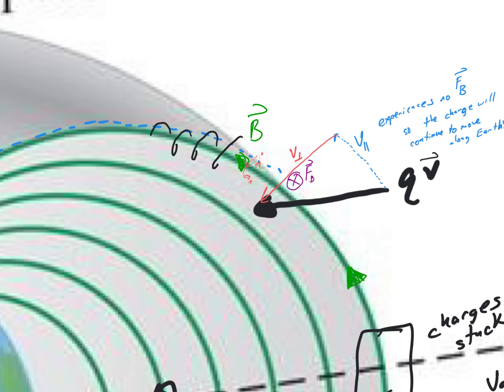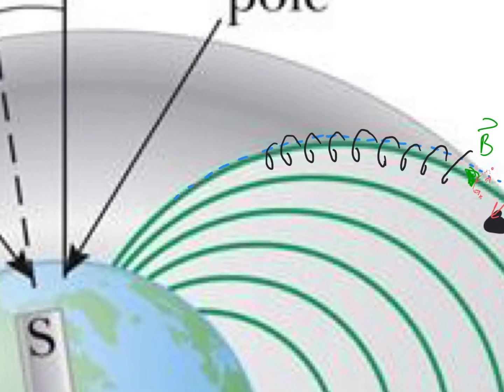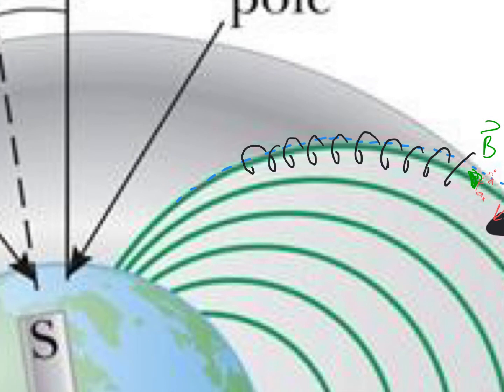And we get this helical motion of the charged particle moving circularly around and along the magnetic field line. And it follows the magnetic field line all the way down until a new force interacts with it.